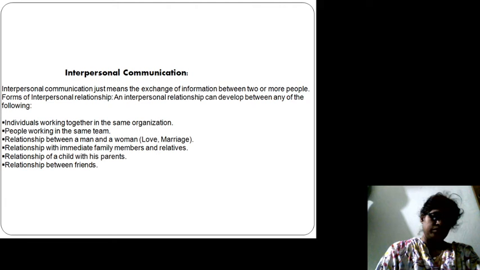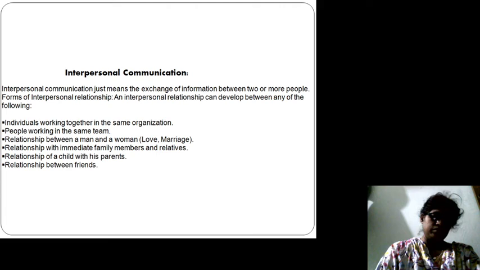Within the organization, different employees who are working together exchange some information, ideas, and thoughts for the purpose of business, for the purpose of their work. That is known as interpersonal communication.